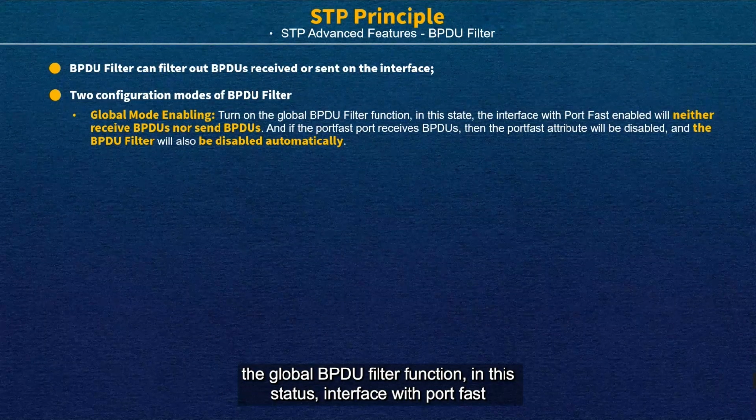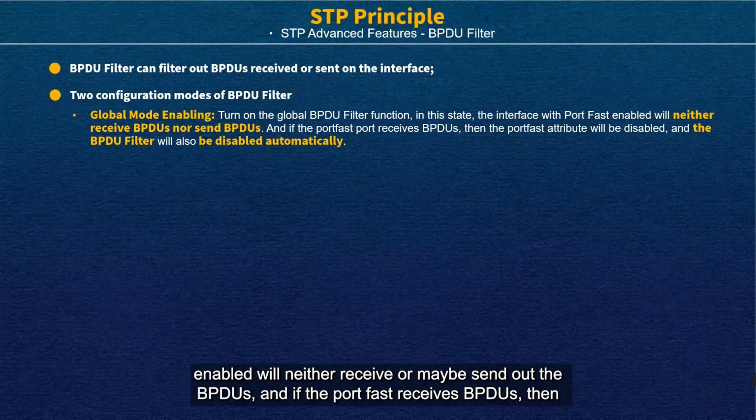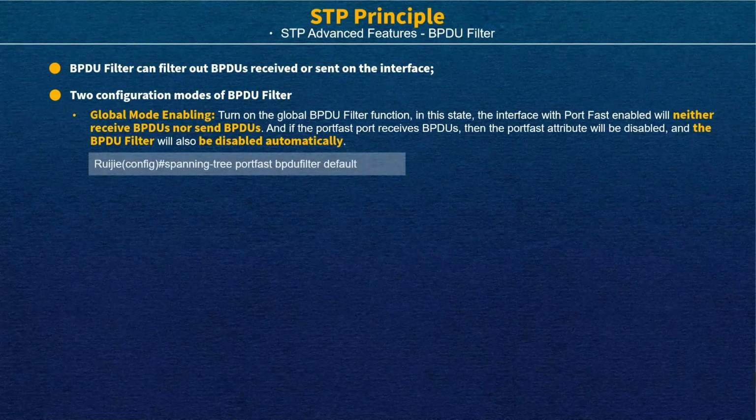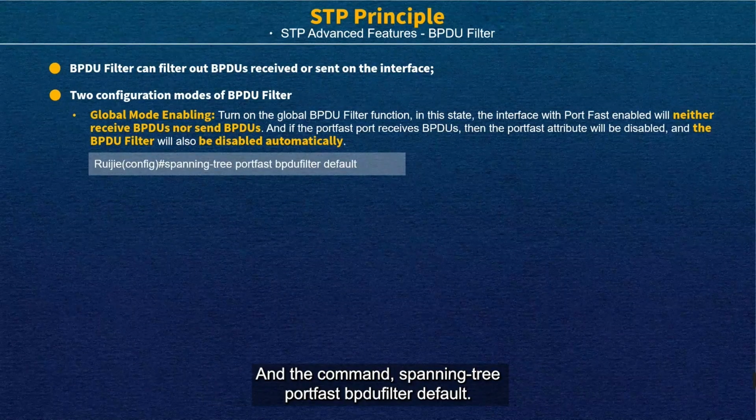In this mode, an interface with port fast enabled will neither receive nor send out the BPDU. And if the port fast interface receives a BPDU, then the attributes will be directly discarded and the BPDU filter will also be disabled automatically. And the command is spanning-tree portfast bpdufilter default.